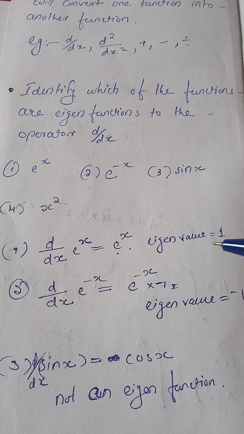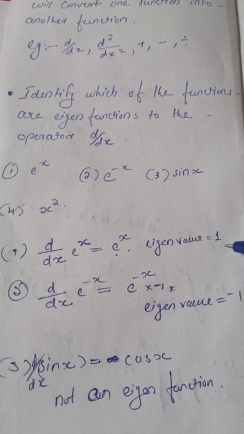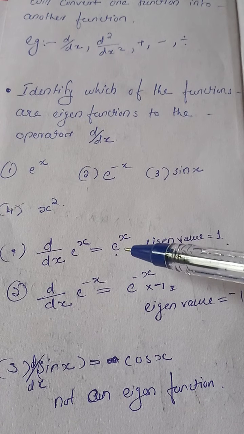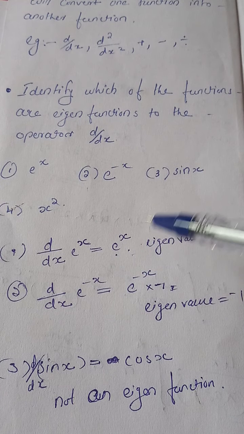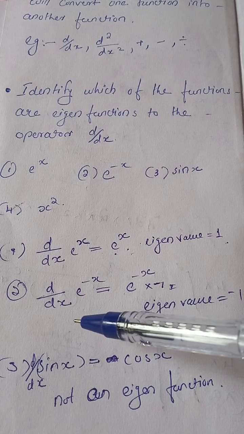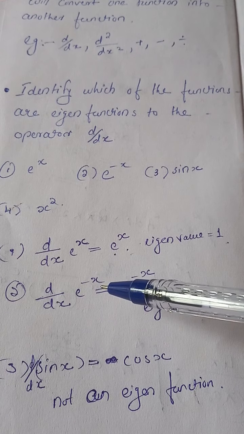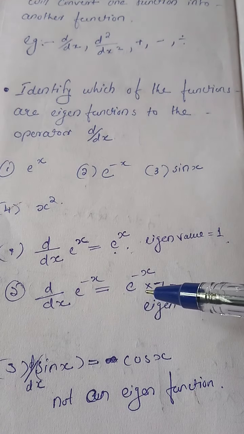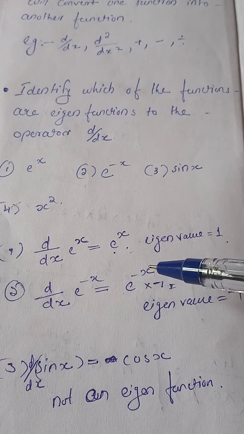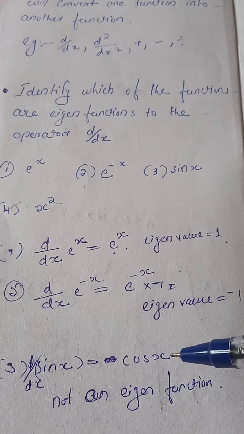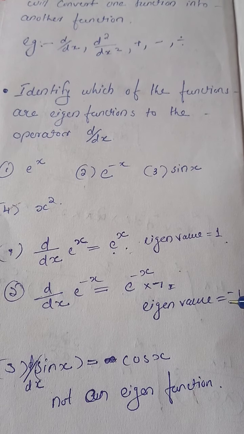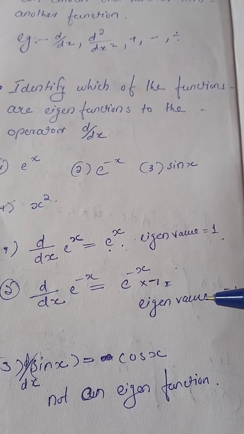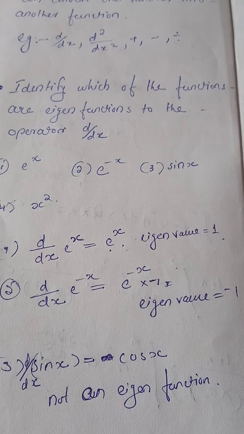Here the eigenvalue is 1. The same function is regenerated here, so it is an eigenfunction. In the case of e raised to minus x also, the differentiation gives e raised to minus x into minus 1, and the eigenvalue is minus 1 here, and this is also an eigenfunction.